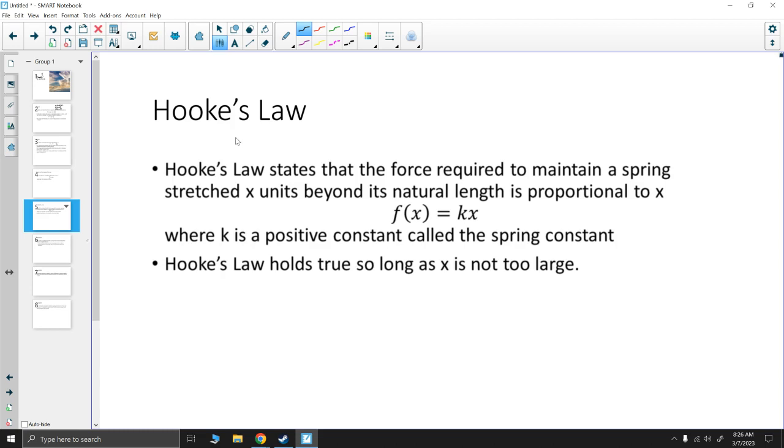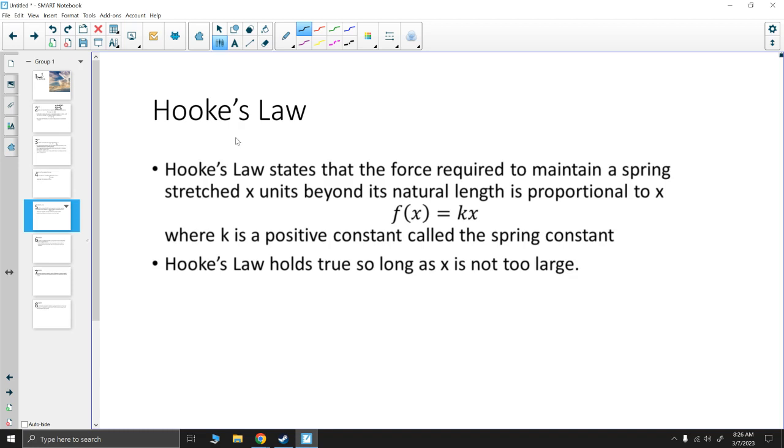So let's talk about springs now. Hooke's law is a basic concept for springs. It states that the force required to maintain a spring stretched x units beyond its natural length is proportional to x, where the force is equal to kx. k is a positive constant, referred to as the spring constant.